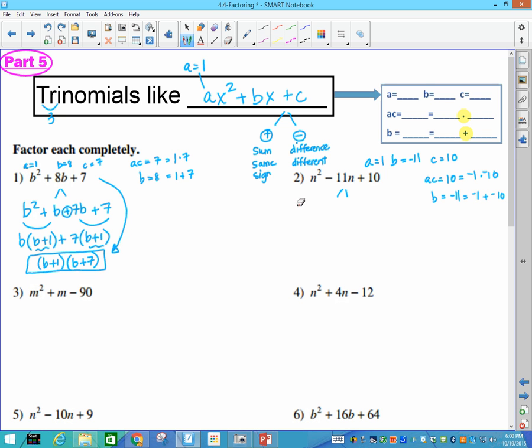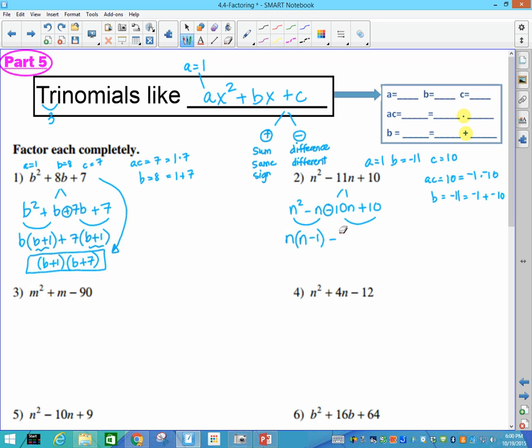So when you break this up, n squared minus 1n minus 10n plus 10. So I'm only breaking up the 11n, and then again grouping, common factor of n, leaving me with n minus 1.